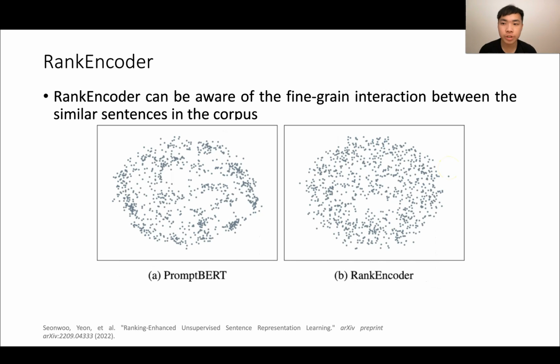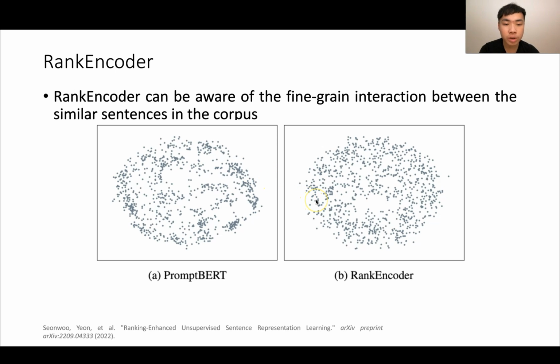And here we can further investigate why RankEncoder can achieve better performance by looking at the embedding space of this model. So you can see the embedding space of BERT. There are so many regions that have a lot of examples clustered together.